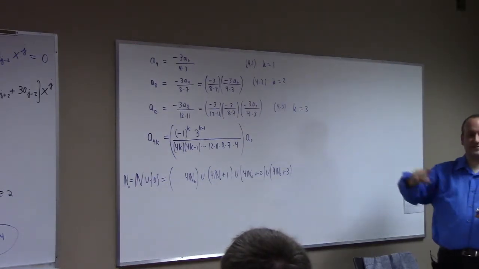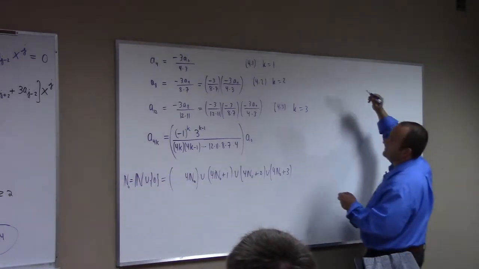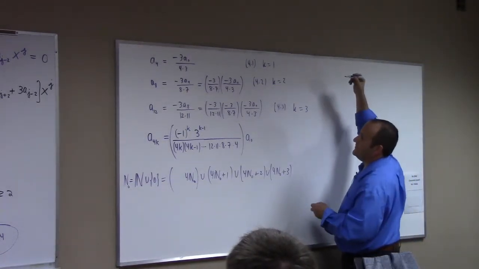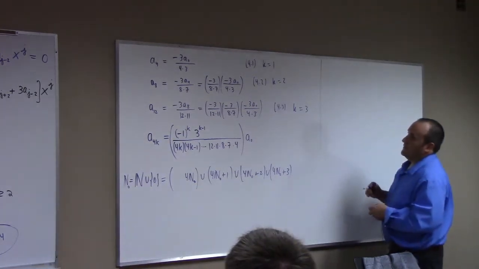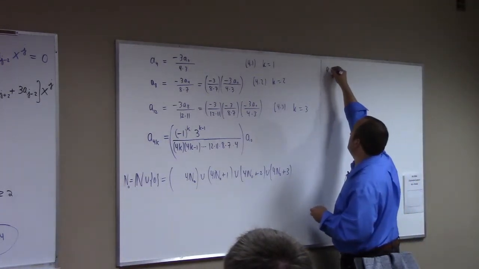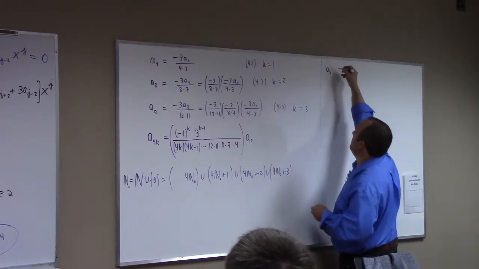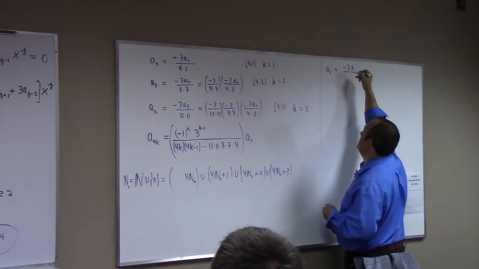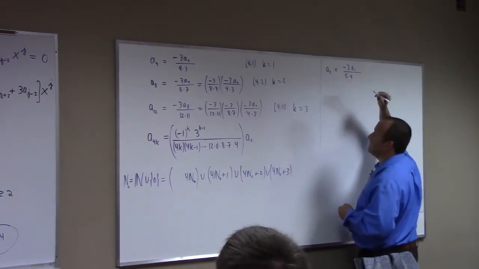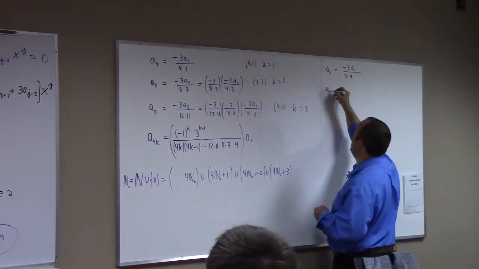Let me do the easy ones next. What's the easy ones? Okay, fine, I'll do the not so easy ones. What's the other not so easy case? A sub 5 is what? Minus 3 a sub 1 over what? 5 times 4, right? And what's a sub 9?